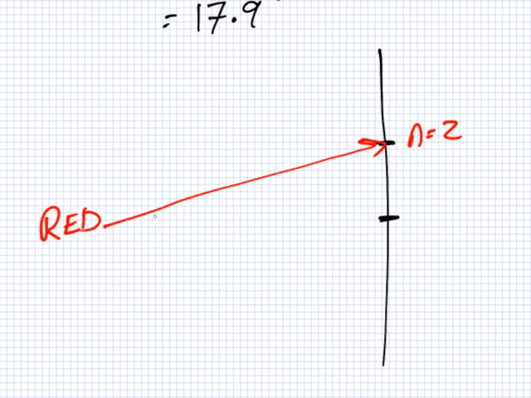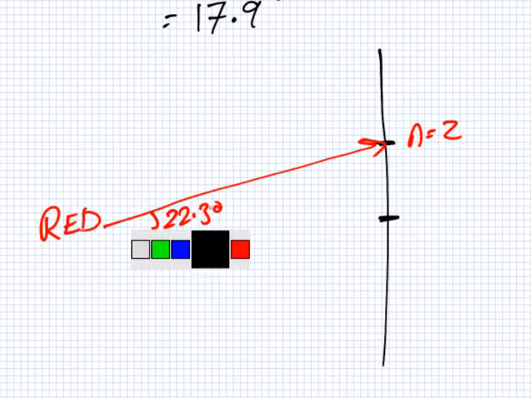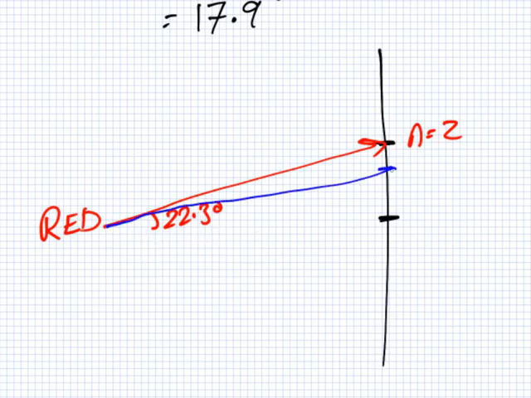What was my answer for part B? 22.3. And then for the blue light, it's smaller. For the blue light, when n is 2, the angle is only 17.9.